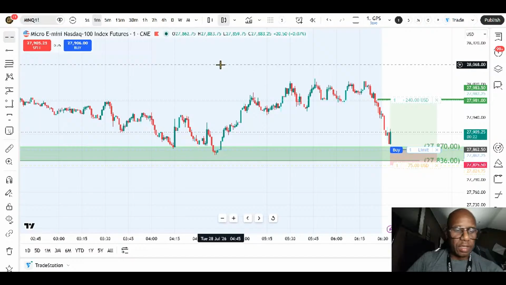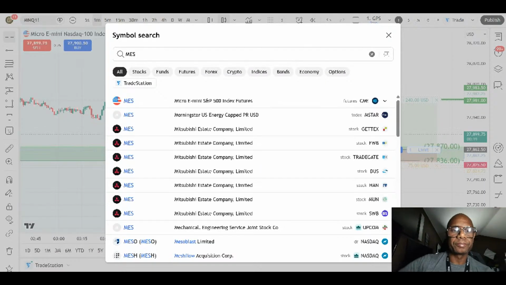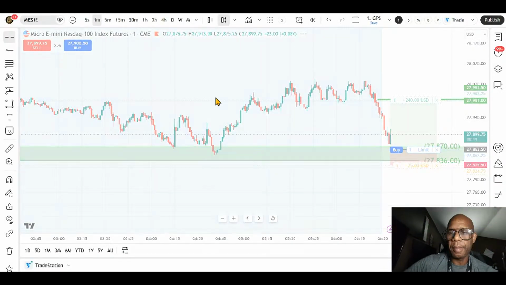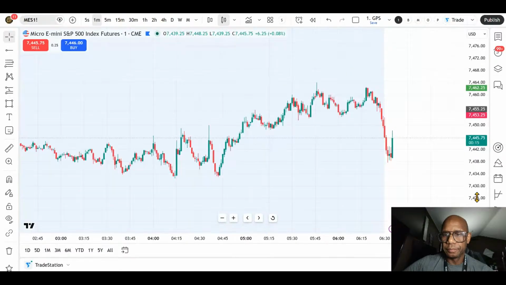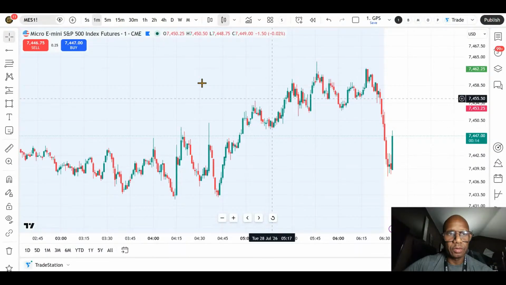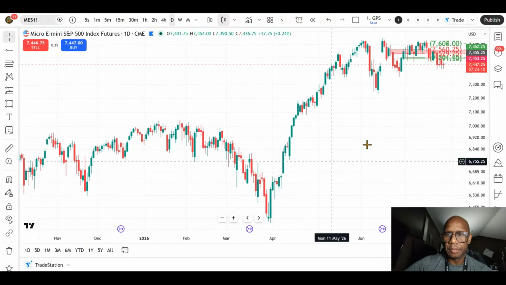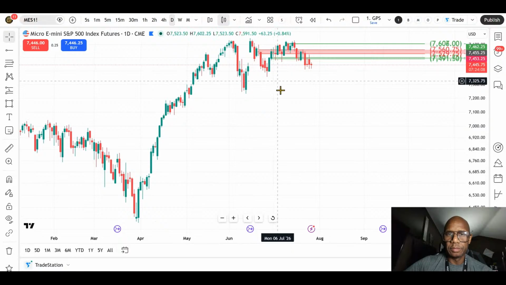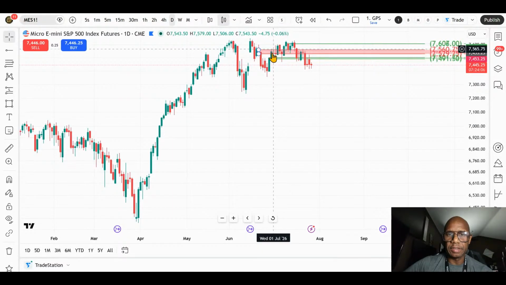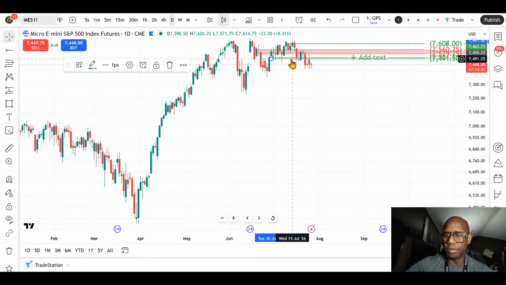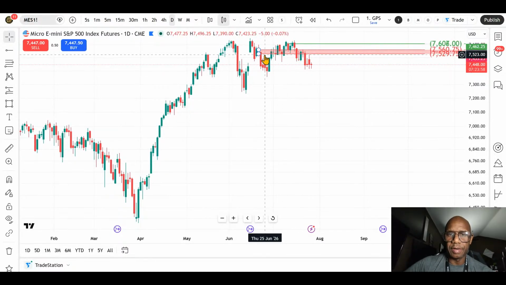All right, let's look at ES. Okay, so ES looks about the same. Like I said, this move up didn't really do much. So that would be the whole problem there, right?